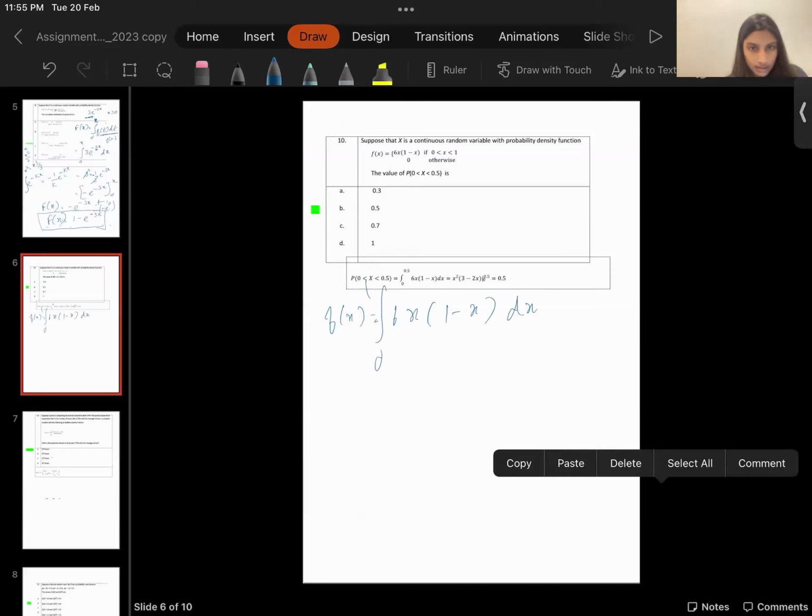You want to calculate the probability from 0 to 0.5. So you write it like this, and now you just integrate these. 6 comes out.